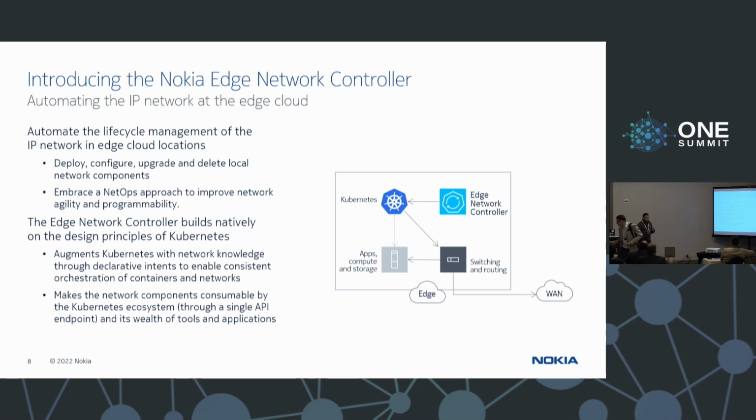So if you look at what Edge Network Controller, or ENC, does, it does the complete lifecycle management of your IP network at the edge, ties it into the wide area network or to a data center if and when required. Since we are leveraging Kubernetes and the operator pattern, it's tying into the whole ecosystem of tooling which is available around Kubernetes to provide this networking as data or as code and deliver it in a NetOps fashion, right?